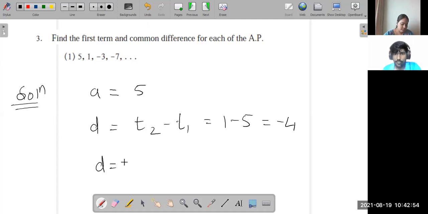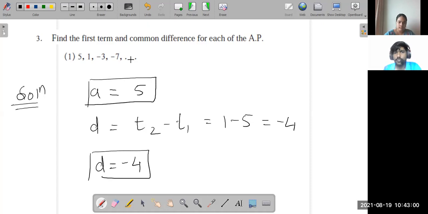Finding one difference is enough because in the question they have said this is already an AP. So there is no need to find T3 minus T2 and so on. Just one subtraction is enough. Clear? Write it down.